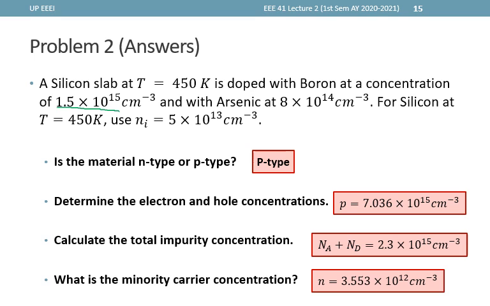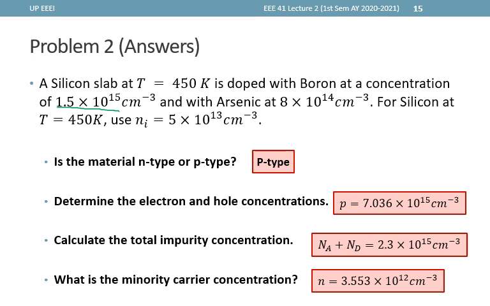We were able to compute for the hole concentration first, since this is a p-type semiconductor, and we use the long formula because we cannot say that Na is much greater than Nd.